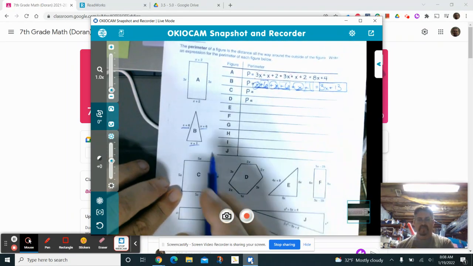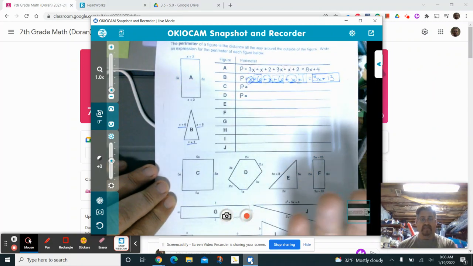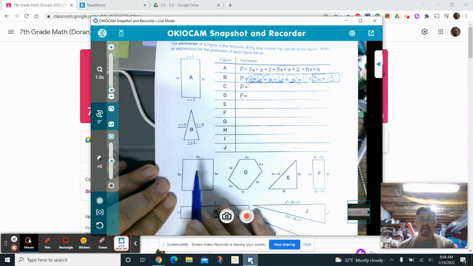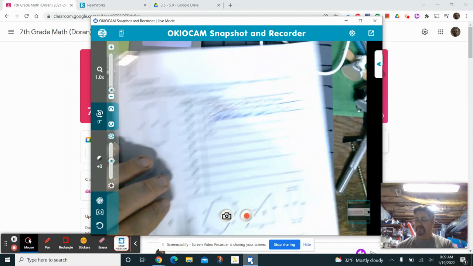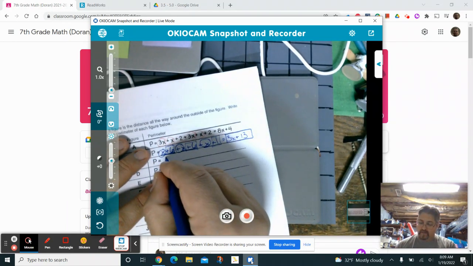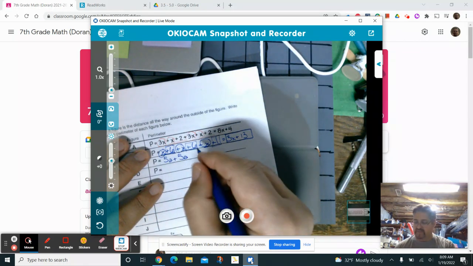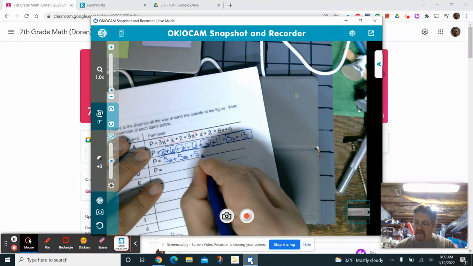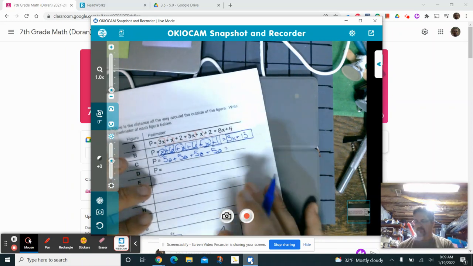Letter C, we have a square, and squares have all four sides the same length, right? 5a plus 5a plus 5a plus 5a. Well, let's write it down. This one's on you, Riley. 5a plus 5a plus 5a plus 5a.